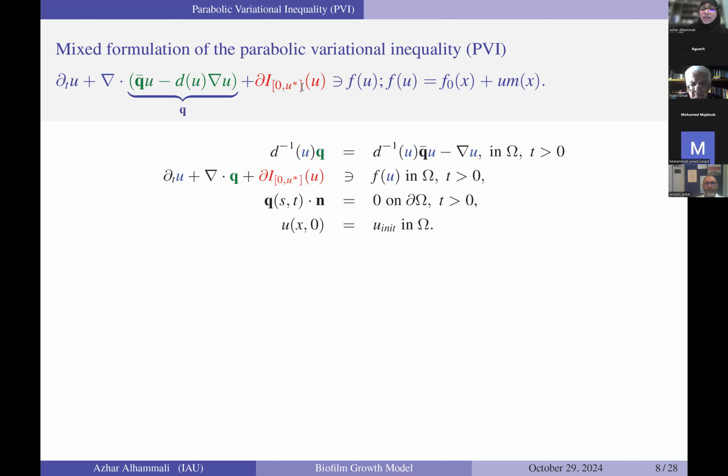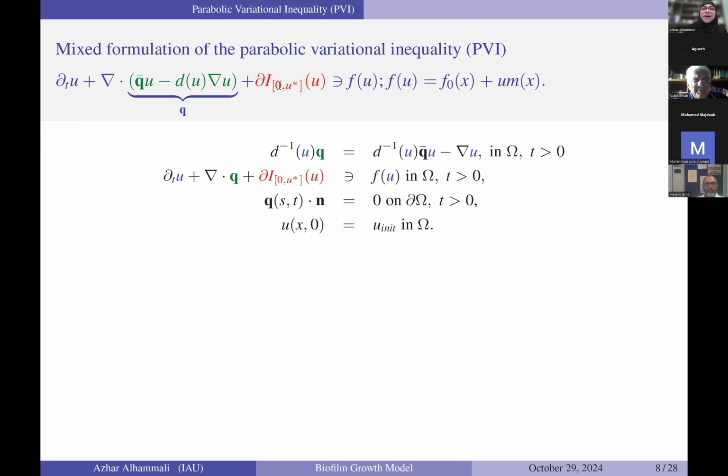This red term is a multi-valued function, so it does not have only one value. So we don't write an equal sign here because it's a multi-valued function. I don't know if it's clear now or not. Okay, you can continue.